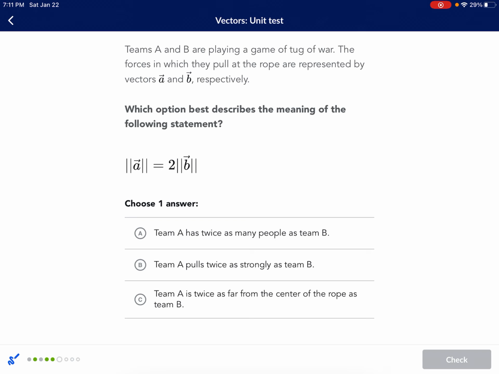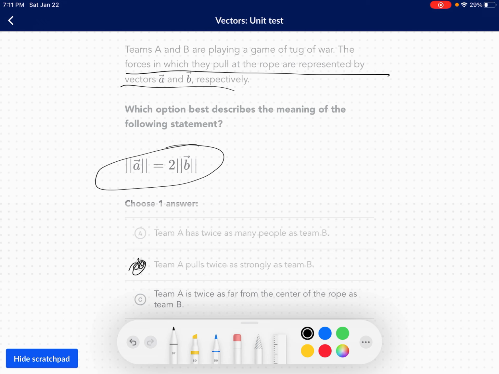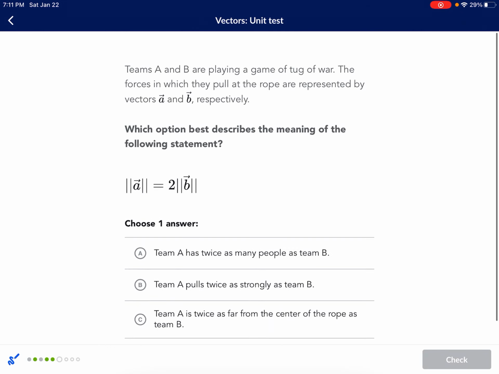Teams A and B are playing a game of tug of war. The forces, blah, blah, blah. Okay, so this is just representing the magnitudes of both. So the magnitude of B is just 2 times stronger, right? The forces in which they pull a rope twice as far.